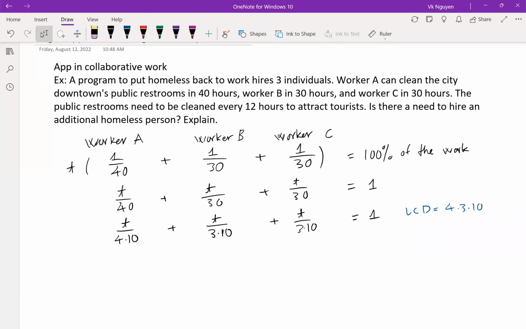Okay. Next, we multiply both sides by the LCD. So multiply this side by 4 times 3 times 10, and this side by 4 times 3 times 10.